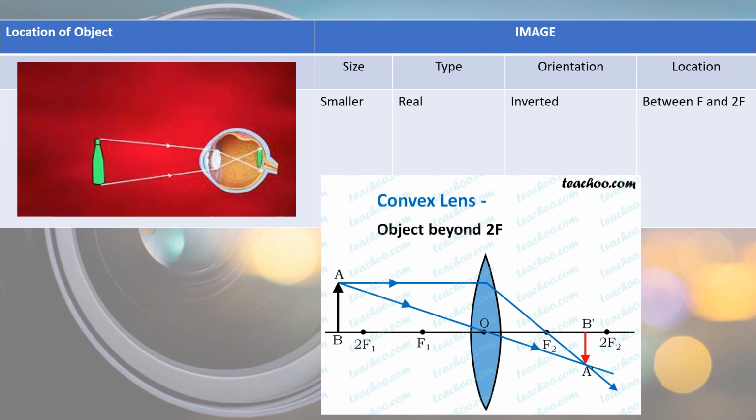For an object that is placed beyond 2F prime, the image that is produced is smaller, real, inverted, and located between F and 2F. Each characteristic of the image is worth 1 point. So all in all, the 3 optical instruments given in this activity will get 12 points.